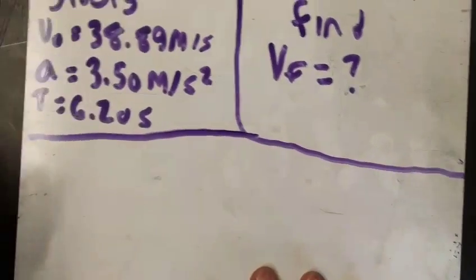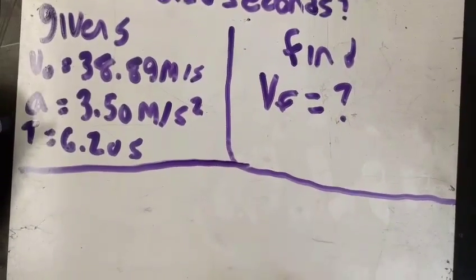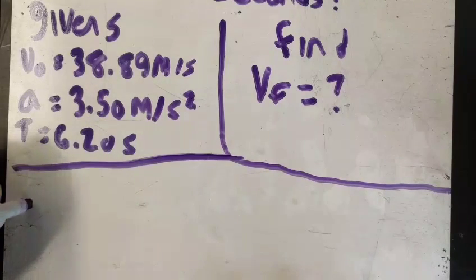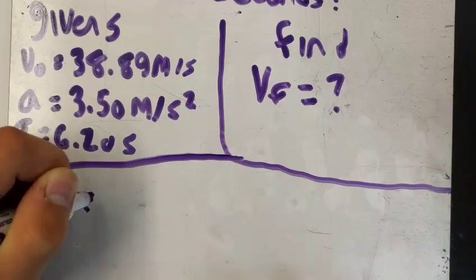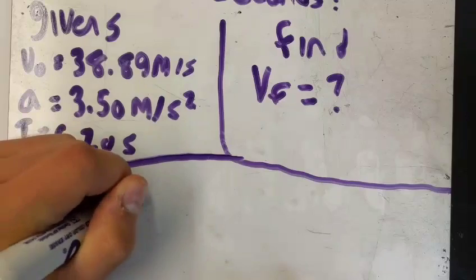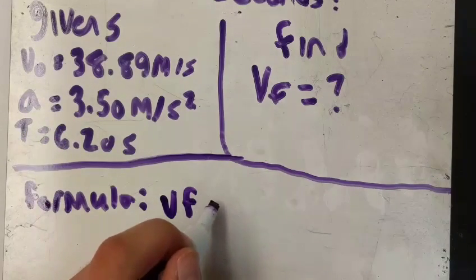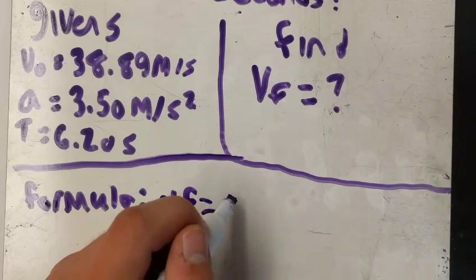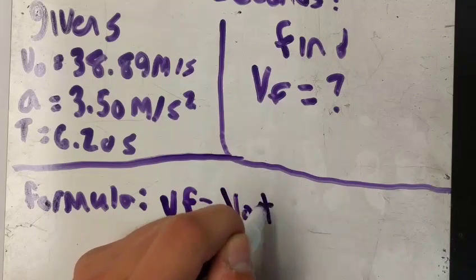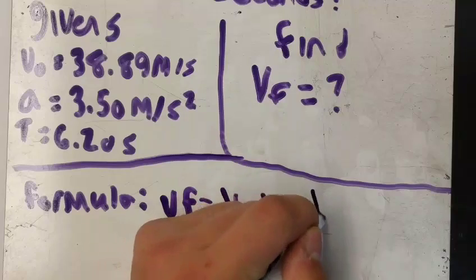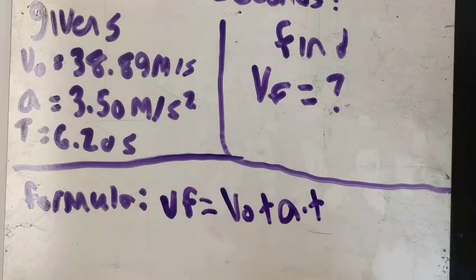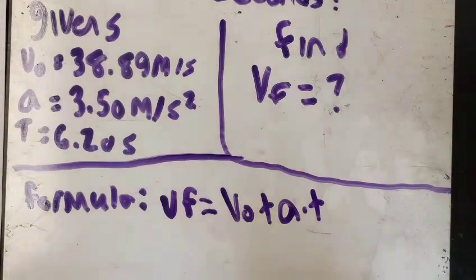So let's just write that down. So our formula is velocity final is equal to velocity initial plus acceleration times time. And now that we have our given values, we can just plug this in and get our answer.